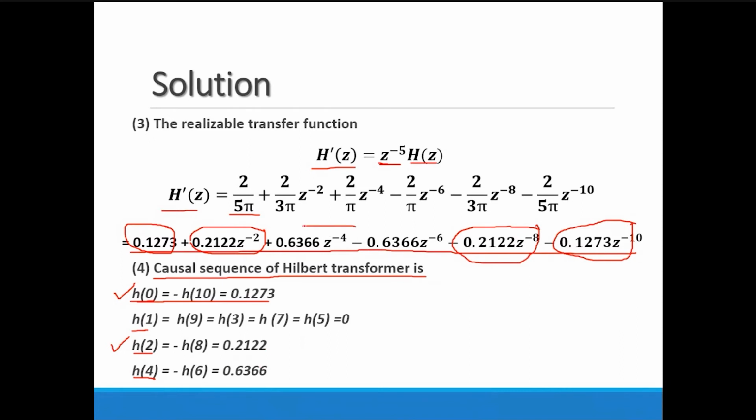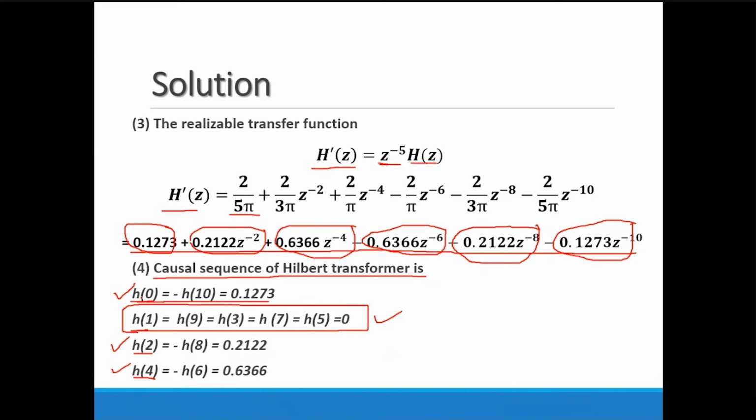Next coefficient is z raised to minus 4, or you can say the H4 coefficient, and the same coefficient you are getting over here in the sixth one. So H4 is equal to minus H6 is equal to 0.6366. The remaining coefficients, which are not available in the final equation, H1, H9, H3, H7 and H5, are all 0.